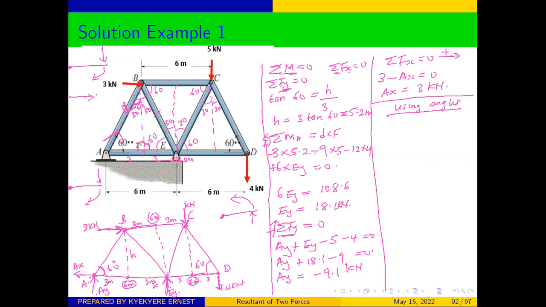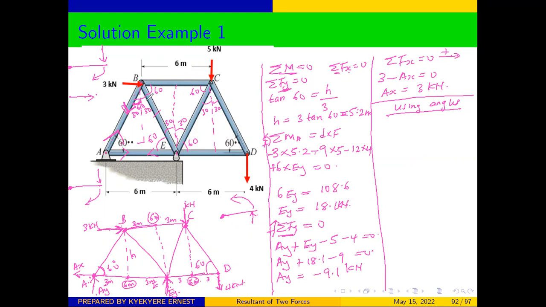Always indicate your directions so that when you start solving it will be easier for you. If we take it that the joint is exerting a force on this member in this direction, then the joint here will exert in the opposite direction.